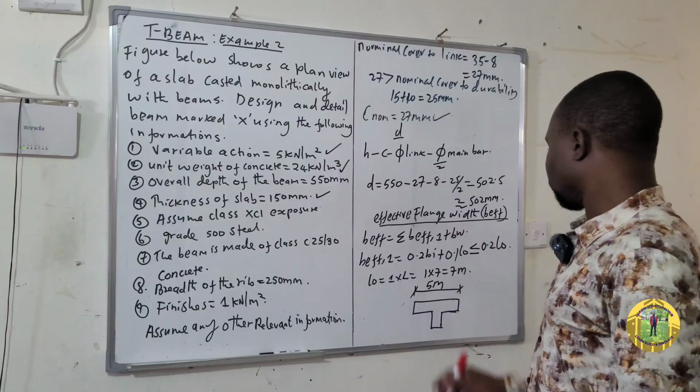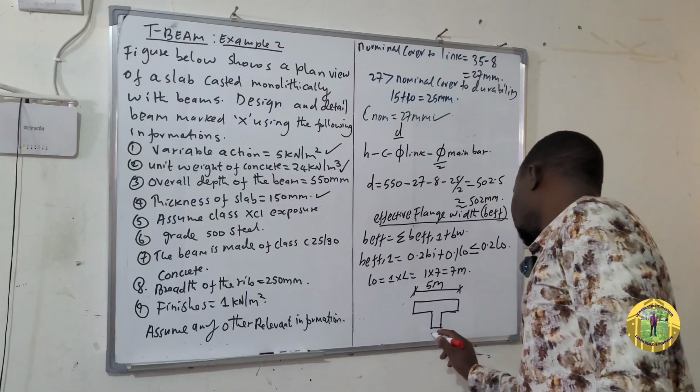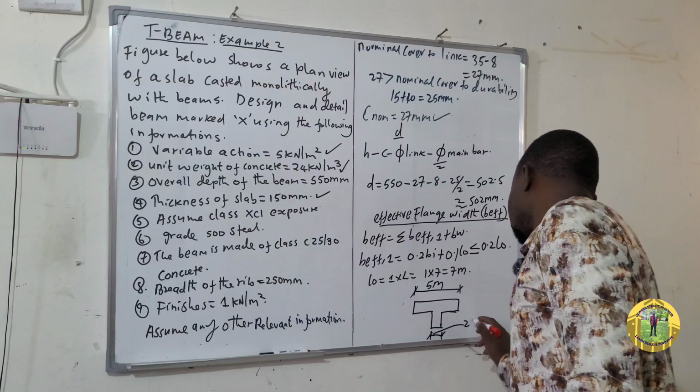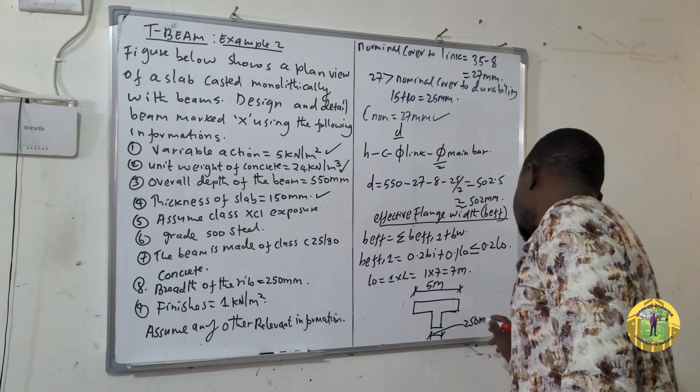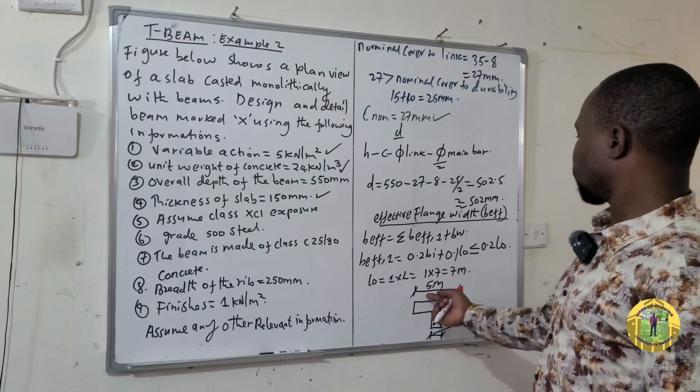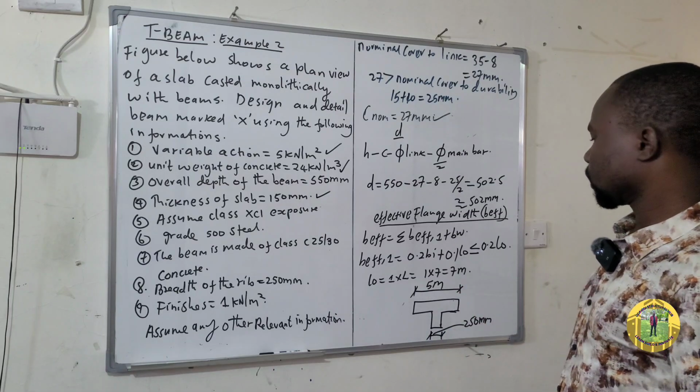From here to here is 5 meters. And then from here, this one is 250 millimeters. I will explain why this is 5 meters.